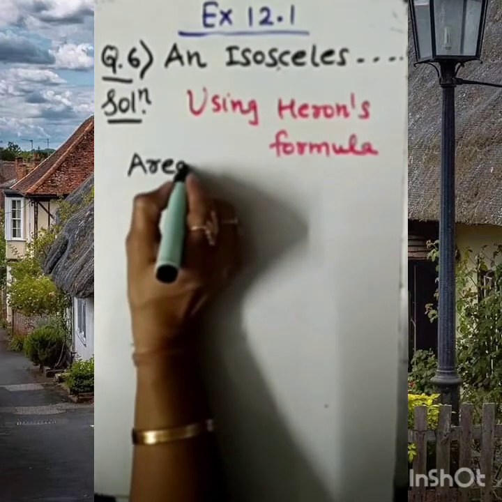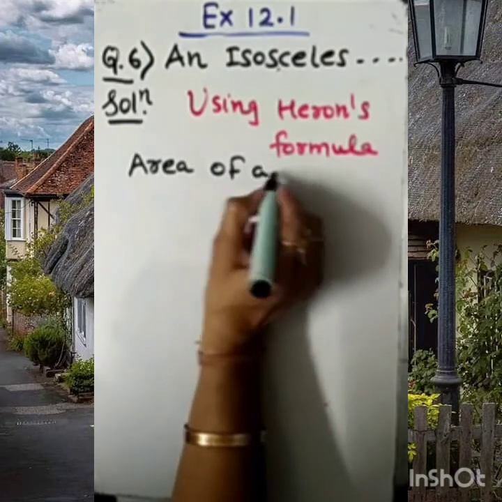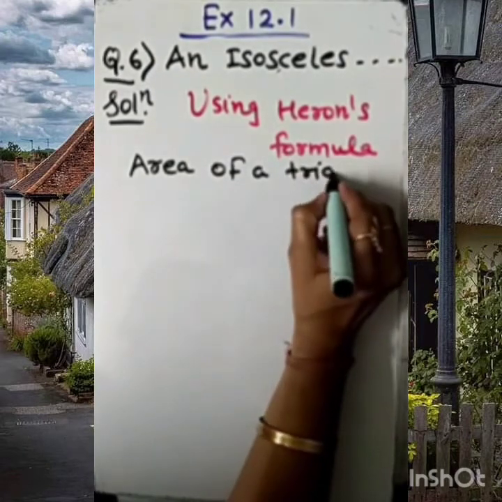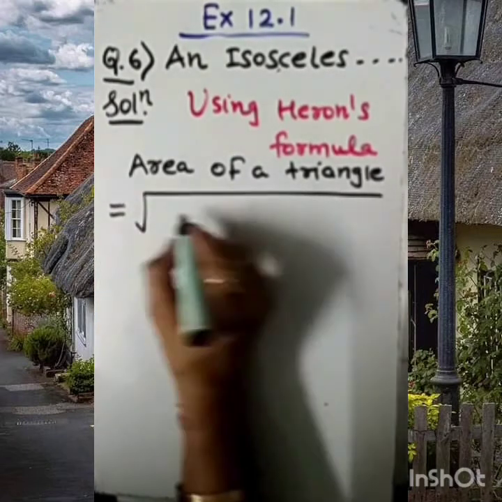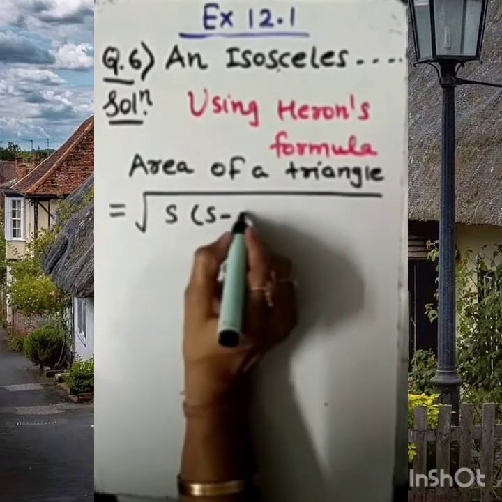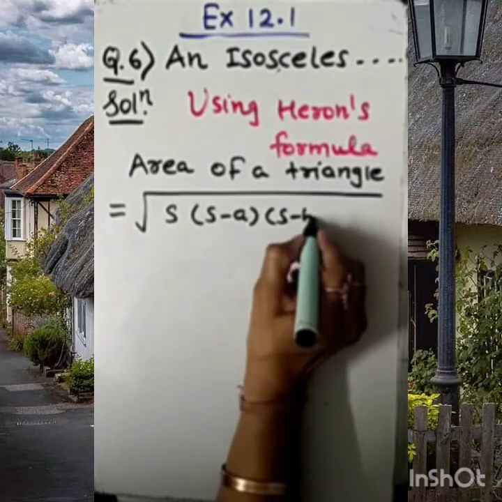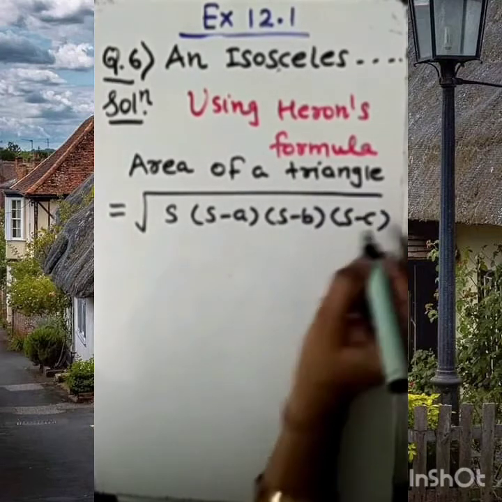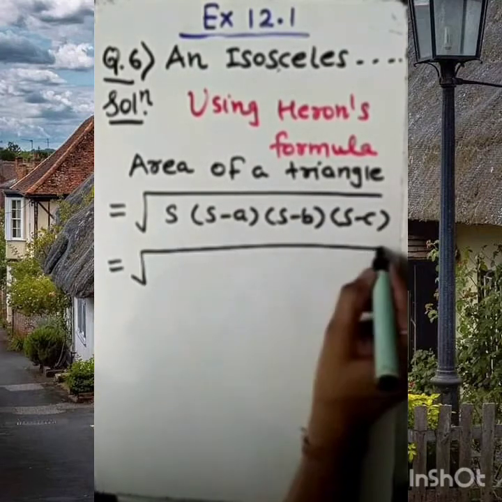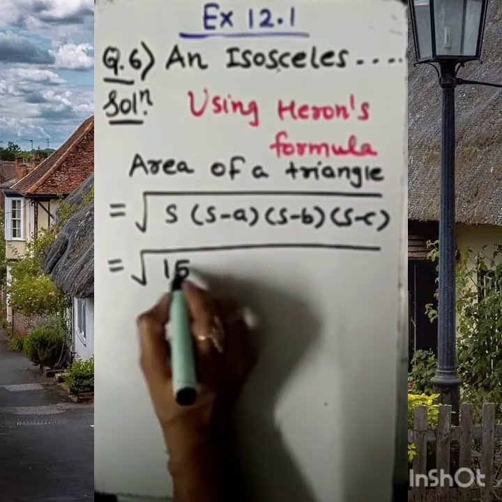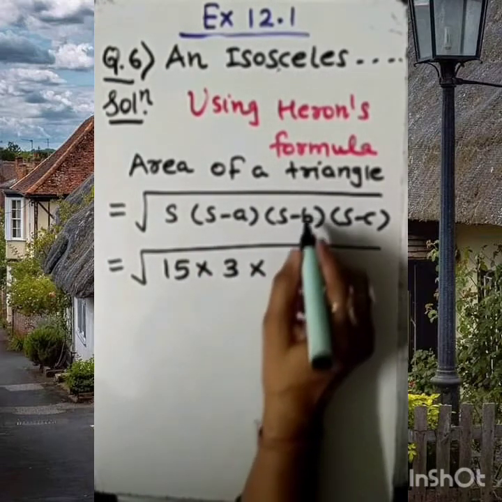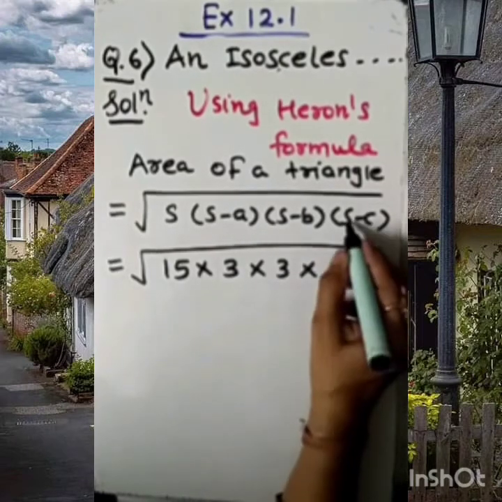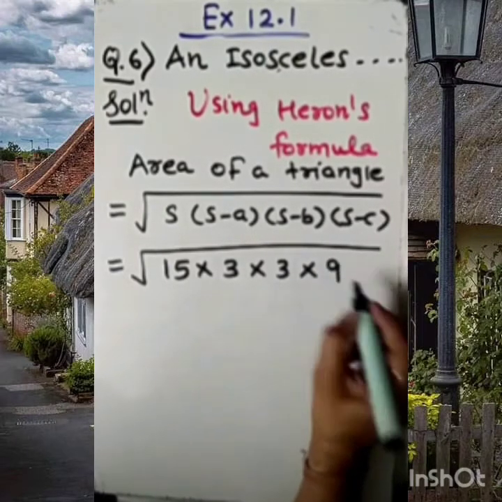Please note down, area of a triangle equal to under root of s into (s minus a) into (s minus b) into (s minus c). So let's put the values. s is 15, s minus a was 3, s minus b 3, and this is 9.